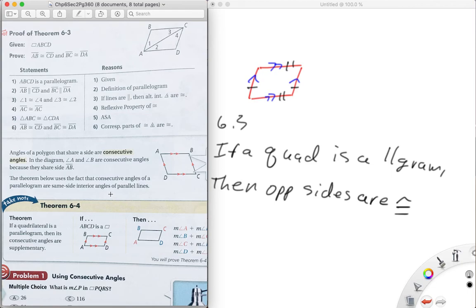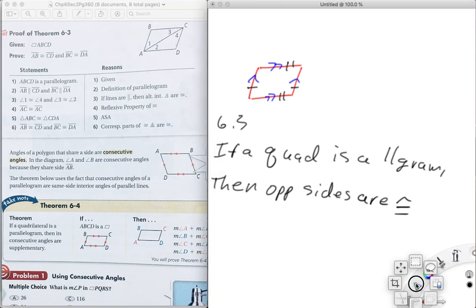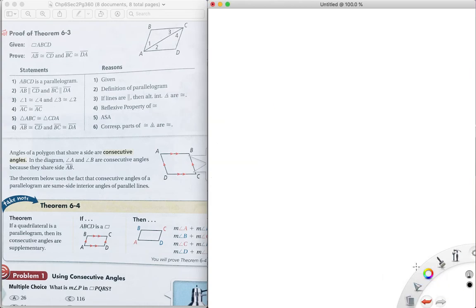Angles of a polygon that share a side are consecutive angles. So if we draw these again, I'll be drawing a lot of parallelograms today. We call this ABCD.